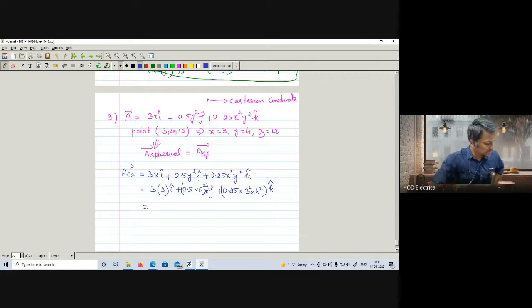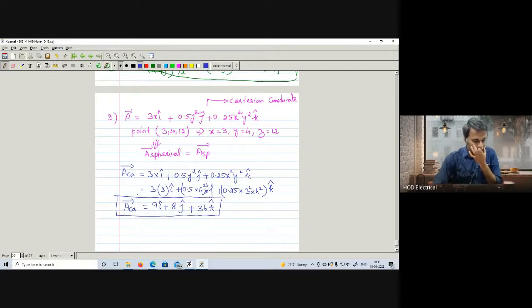So that is nothing but 9 i gap plus 8 j gap plus 36 k gap. This is the vector in Cartesian. We are going to find out that vector in the spherical coordinate system.